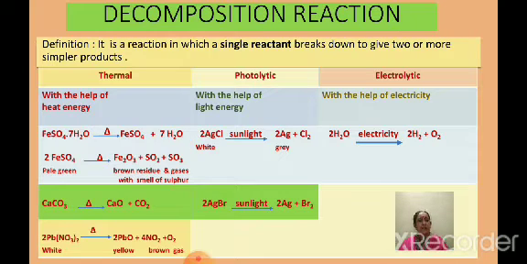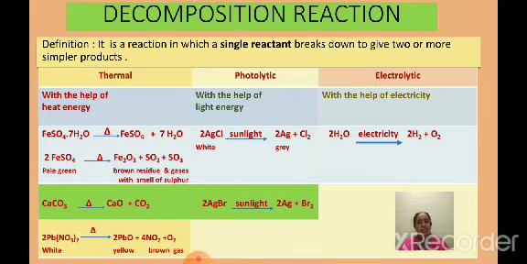So, what is meant by an endothermic reaction? It is a reaction in which heat energy is absorbed by the reactants. Next, we shall discuss the various examples of thermal, photolytic and electrolytic decomposition reaction one by one.